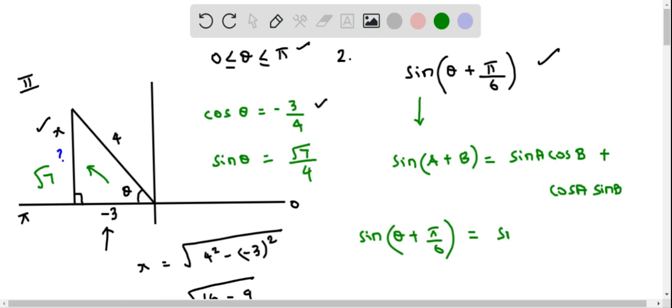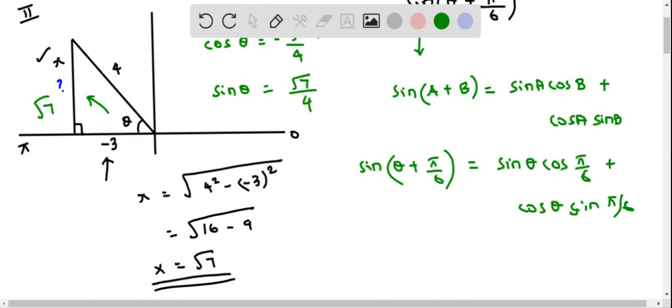This equals sine theta, replacing a by theta, and cosine of pi by 6, replacing b, plus cosine theta, and sine of pi by 6. We are going to replace the value of sine theta and cosine theta, also the standard values of sine pi by 6 and cosine pi by 6.